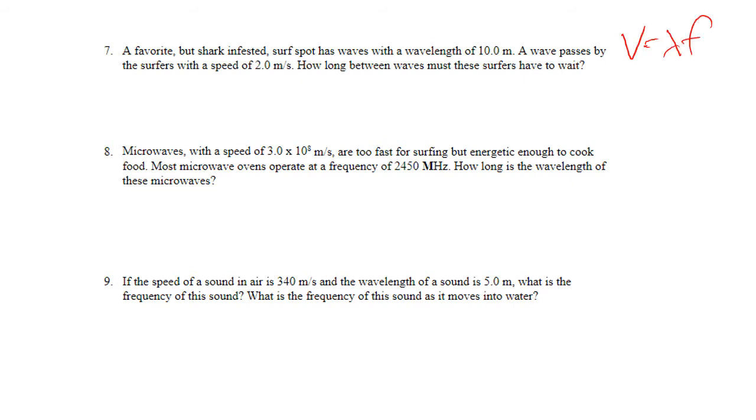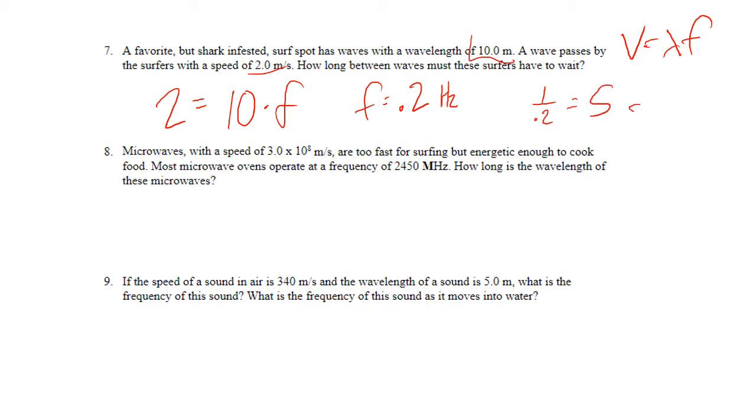The speed is 2, so 2 is equal to lambda, which is 10, times f. So what is f going to equal? f is going to equal 0.2, 2 divided by 10. That's in hertz. So how do we figure out the period, how long they have to wait? It's going to be the reciprocal. 1 over 0.2 is going to equal 5 seconds.